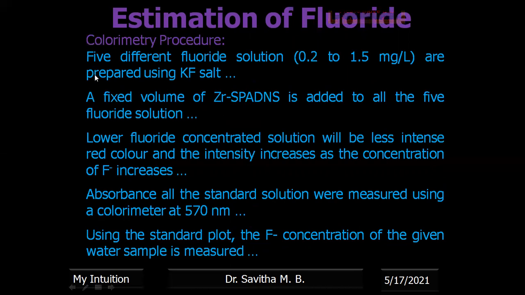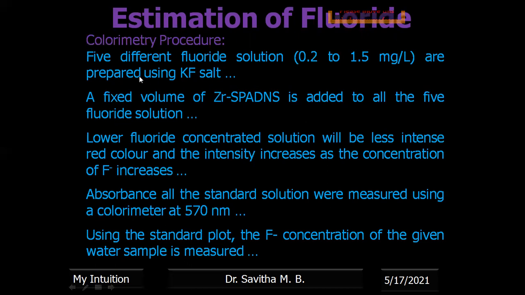You need to make 5 different concentration standard solutions from 0.2 to 1.5 milligrams per liter. For the calibration graph you need to prepare different fluoride solutions, using potassium fluoride salt. Next, to all these flasks a fixed volume of this reagent is added.